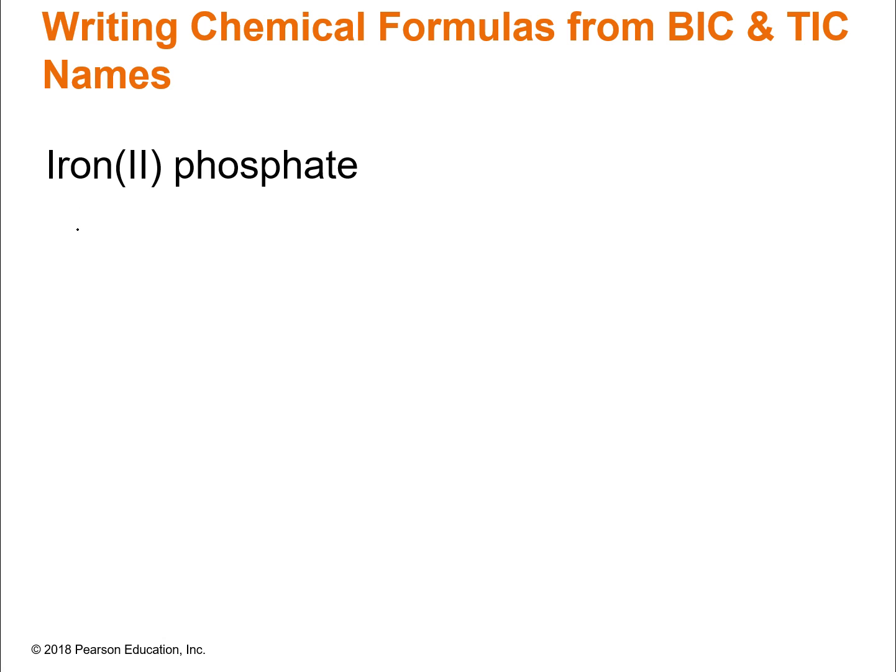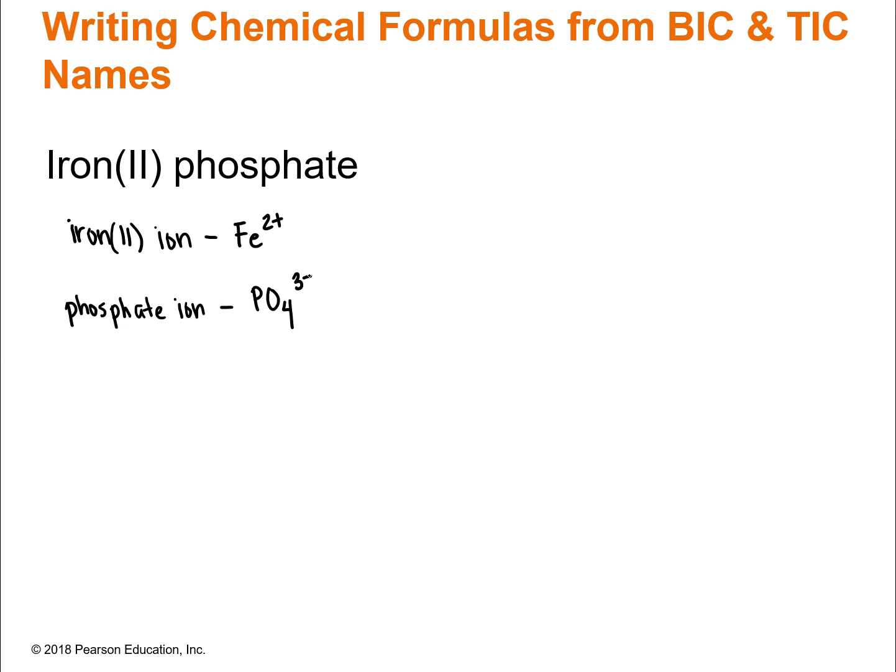So our cation is going to be the iron 2. And since it's using the stock system, we don't even have to look at the periodic table to know what the charge is. 2 plus. For the phosphate ion, you look that up on your chart.